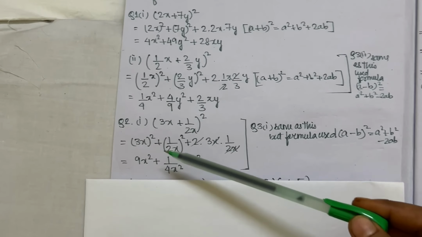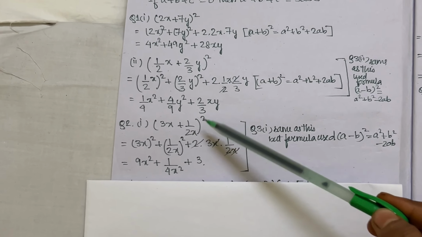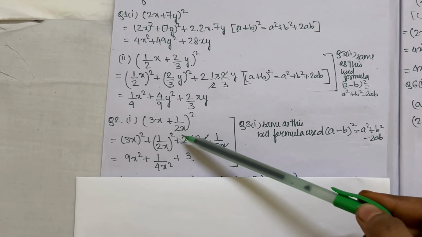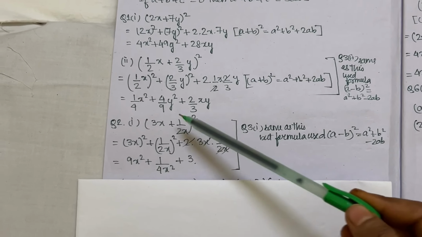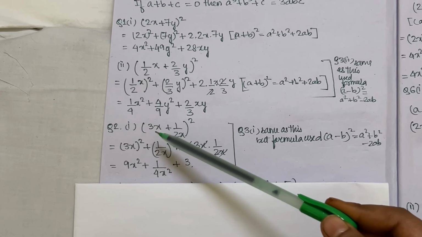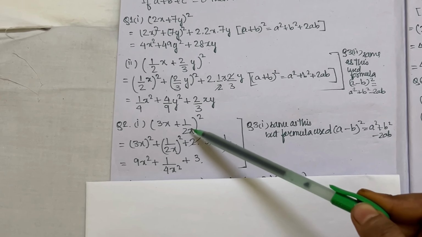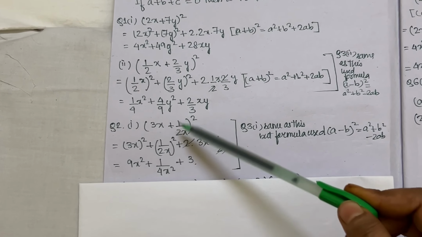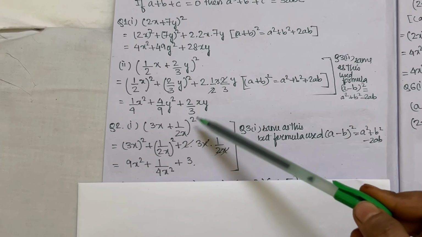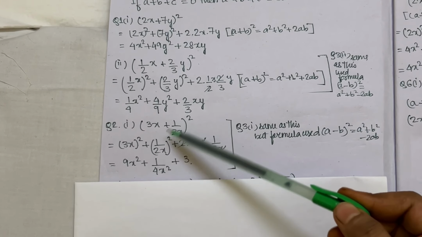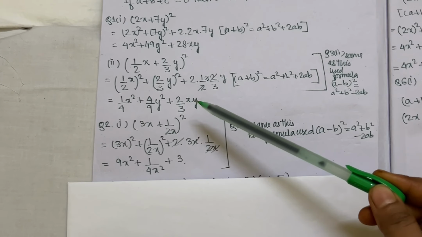For sum number 2, that is (3x plus half x) whole square. Now many of the students I have seen, they turn this into an exponent. Why? We are doing expansions. So whatever values are provided, we need to expand it, not do exponents. We are not changing this half into 2x to the power minus 1, not required. We need to expand. Expand on what basis? The formula prescribed.